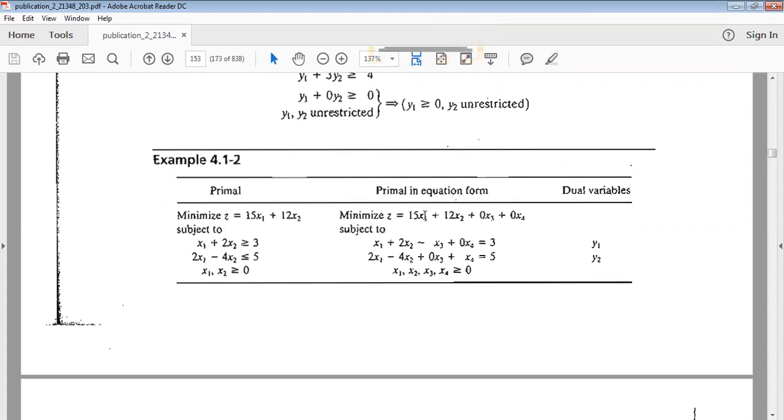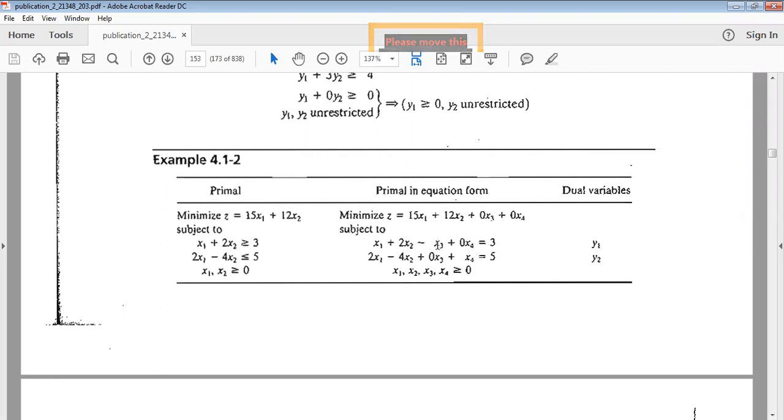And if you write the primal problem in the form 15x1 plus 12x2 plus 0x3 plus 0x4, because there is a greater than and a less than, he has selected two more variables. So x1 plus 2x2 minus x3 plus 0x4.